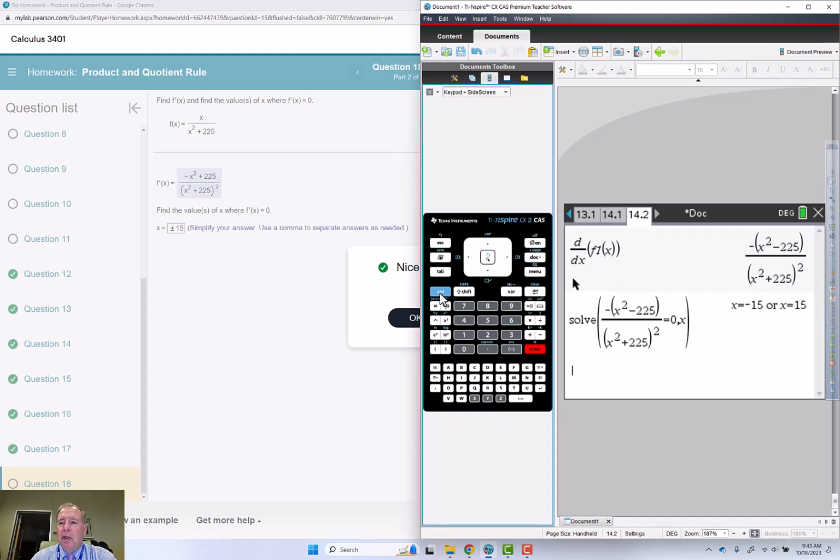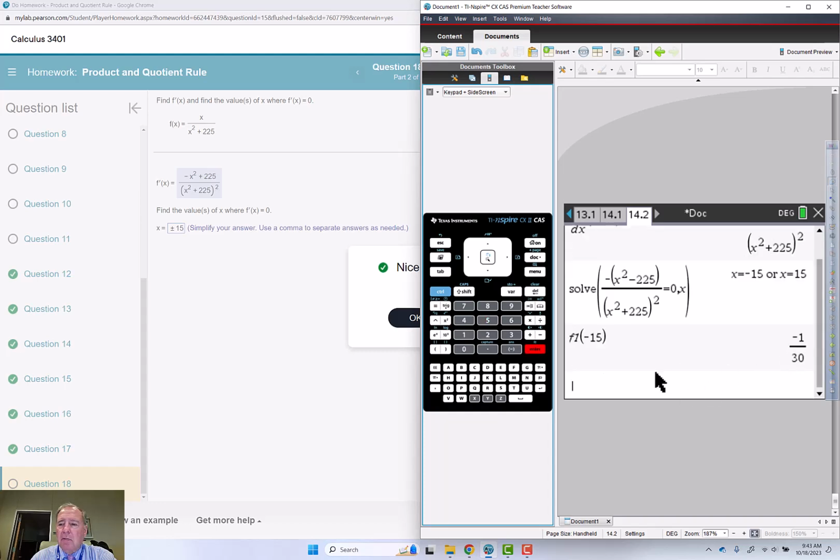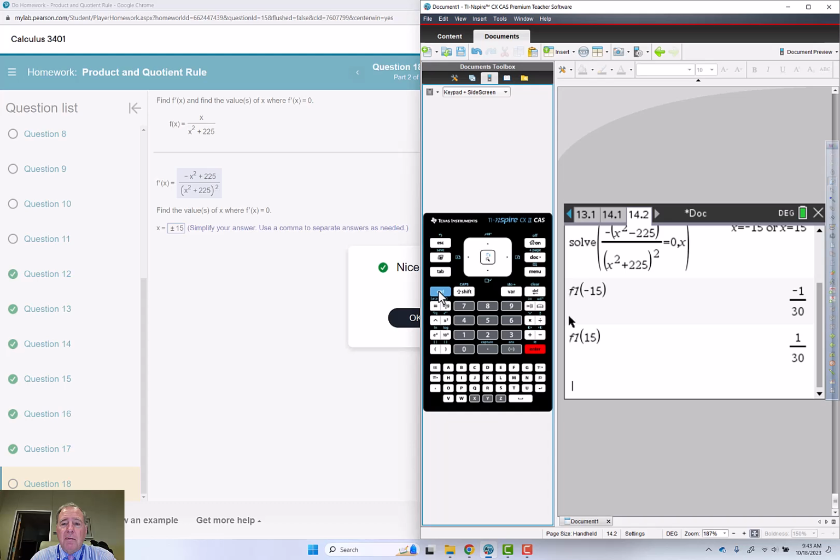And then if we want to actually put in those tangent lines, I'm going to evaluate the function at negative 15. So that's negative 1 over 30. And then at positive 15, which is probably going to be positive 1 over 30.